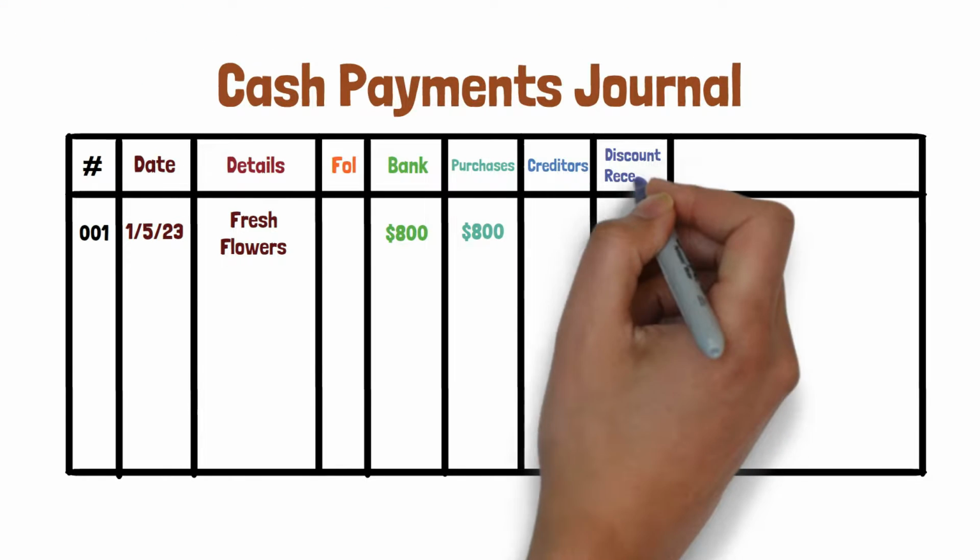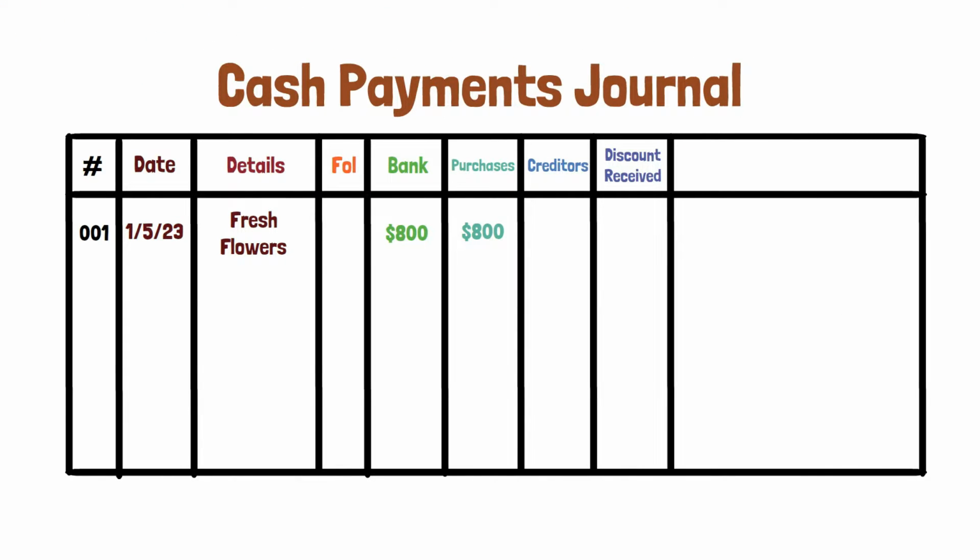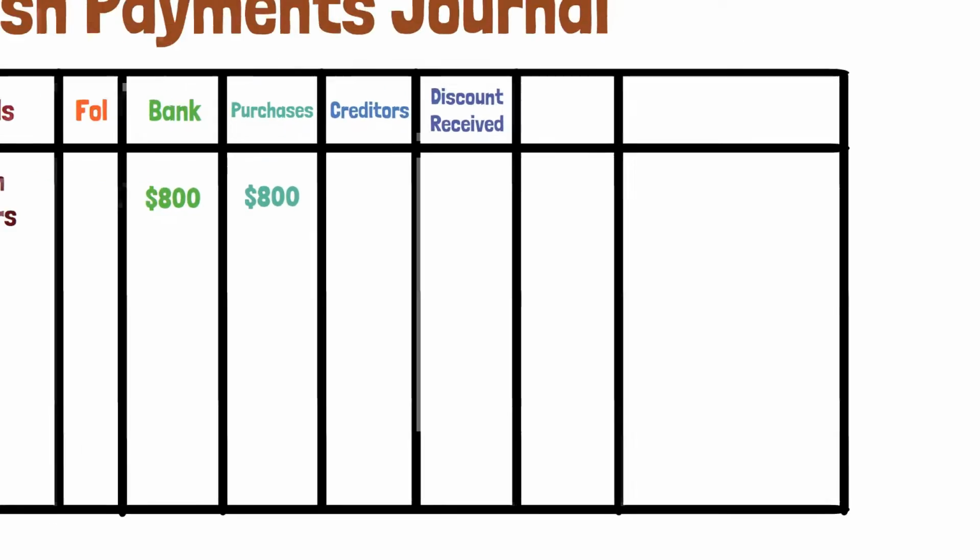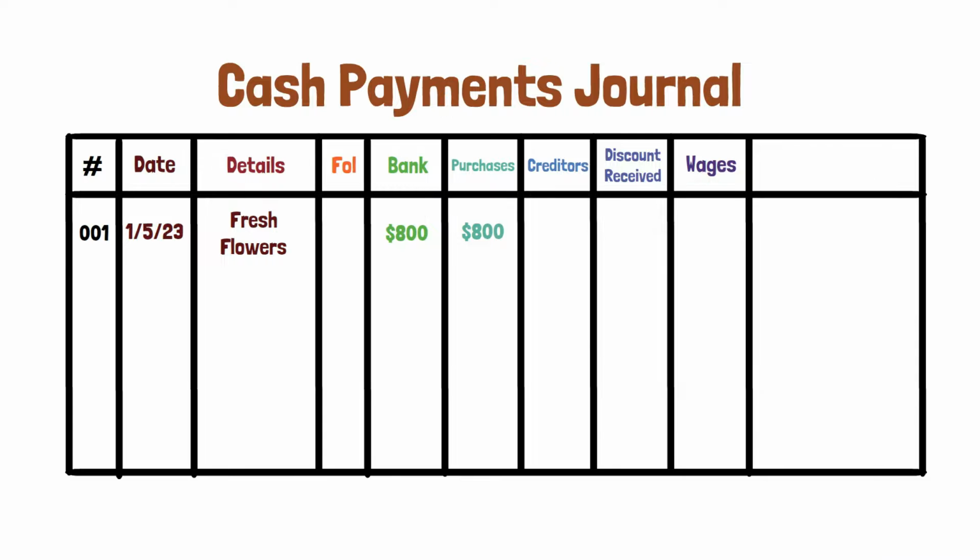Discount received. If you received any discounts for early payment, you'd note it in the discount received column. If not, leave it blank. Wages. Since this expense is not related to employee wages, you won't record anything in this column. Sundry account. This column serves as a catch-all for expenses that don't fit into the other categories.